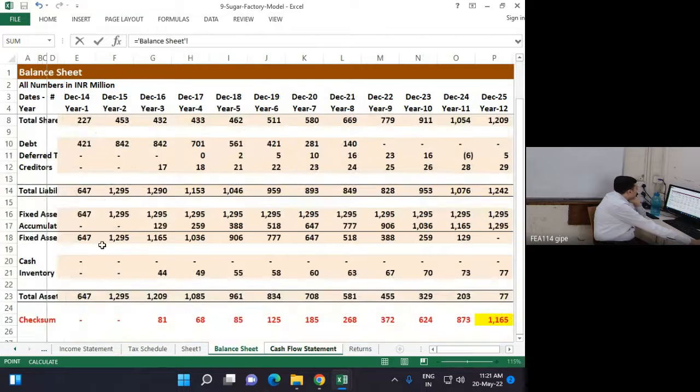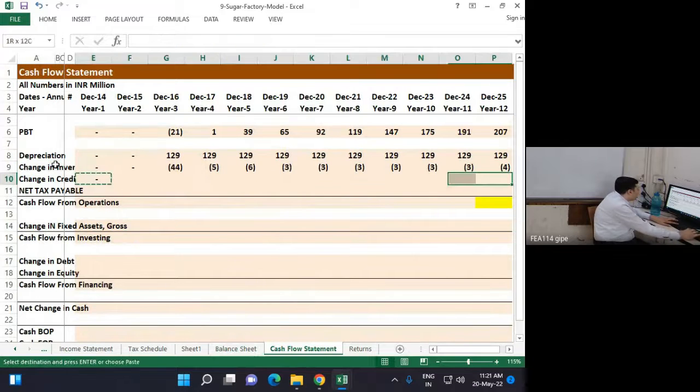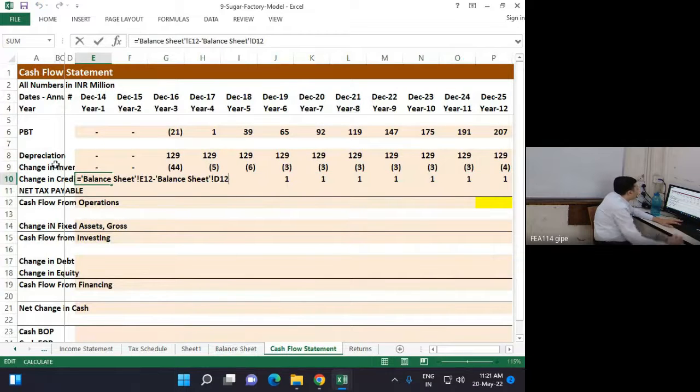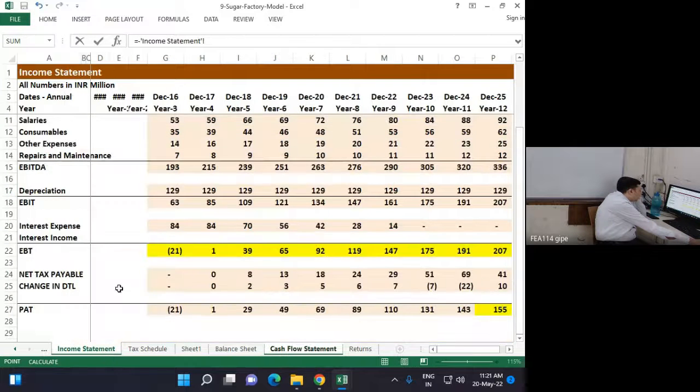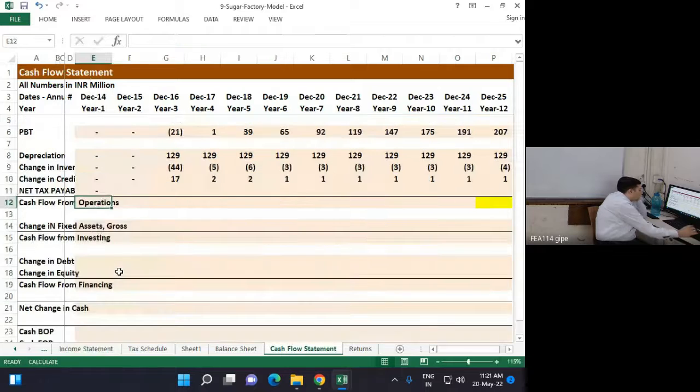Creditor is a liability. So current year creditor minus last year's creditor. Okay. And net tax payable will come with a minus sign because it is tax to be paid.